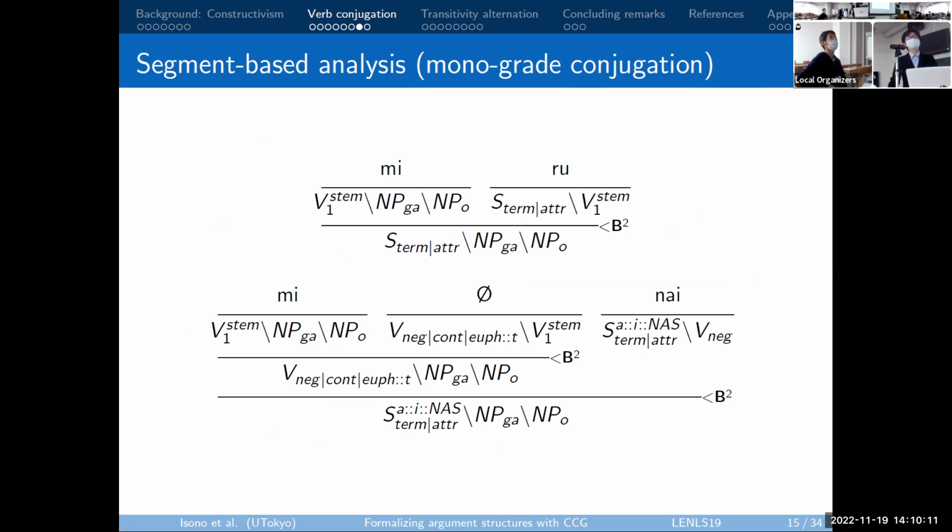In vowel-stem conjugation, our analysis is the same as the morpheme-based one because morpheme boundaries of a segment-based analysis do not differ from the morpheme boundaries of the morpheme-based analysis.